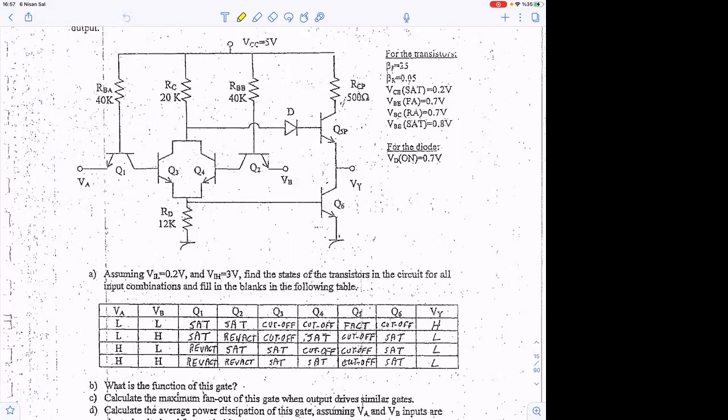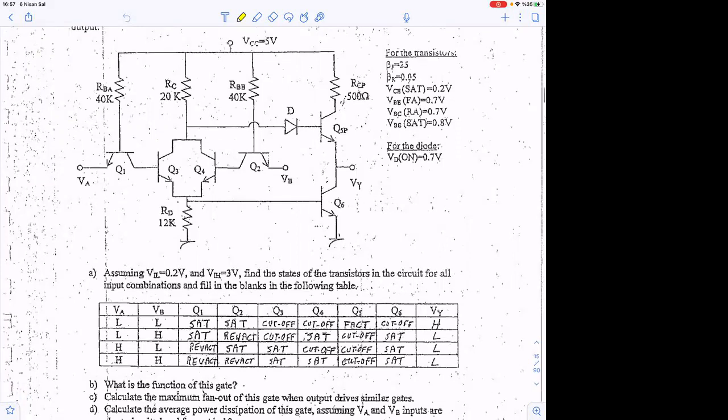For example, when we give you a circuit like this, can you identify which type of circuit this is? DTL, RTL, TTL? TTL, right? Yeah, it is TTL.